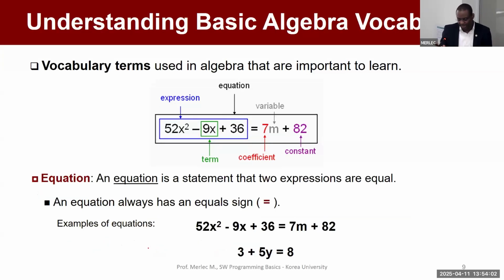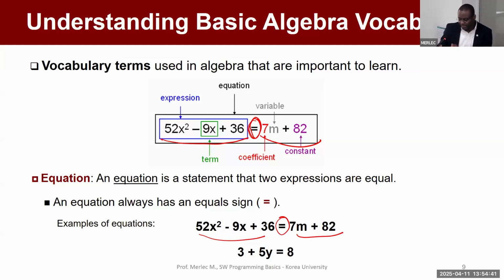Now let's combine everything. So those two expressions, one on the left and the other on the right, combined with this equal sign, represent an equation. An equation is represented by two expressions, one on the left and one on the right, with the equal sign. That means it tries to check the equivalence between the expression on the left side, whether it's equal to the expression on the right side.